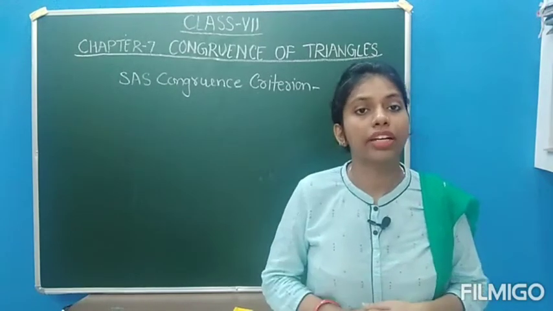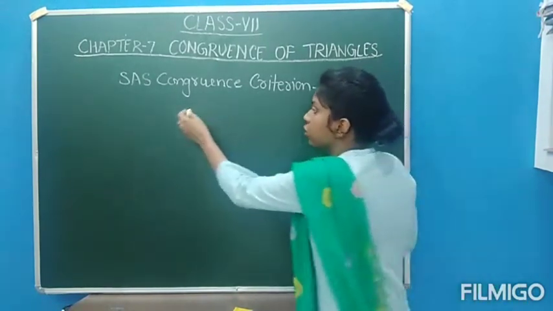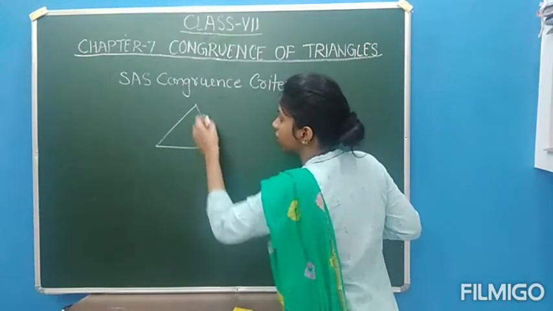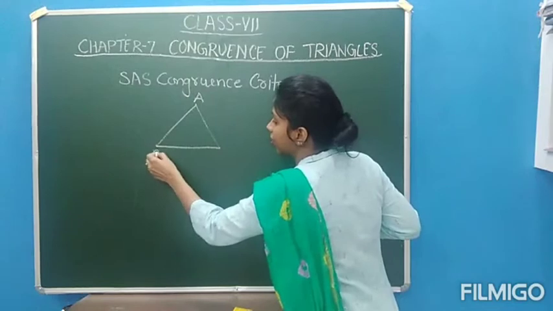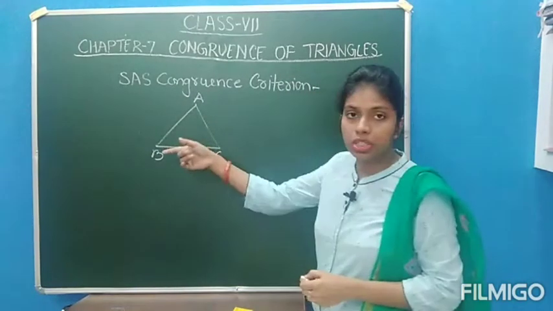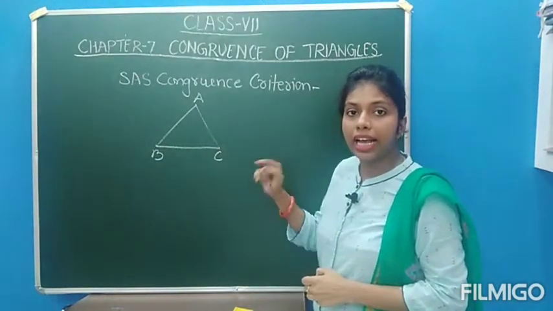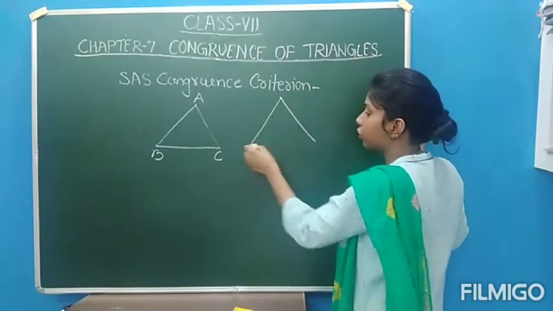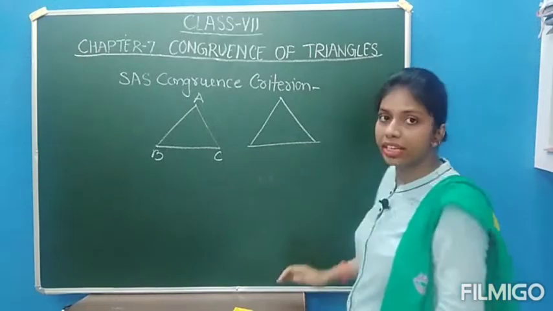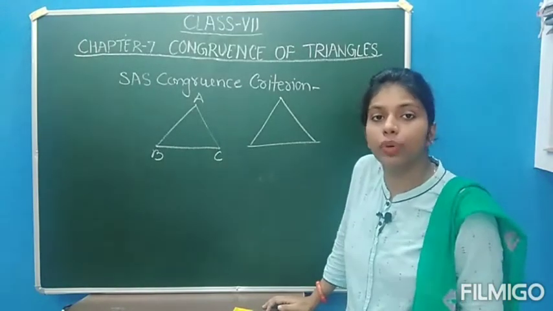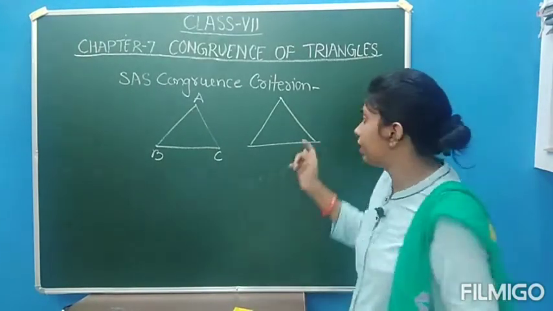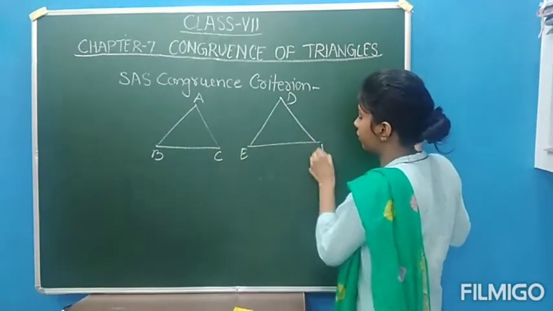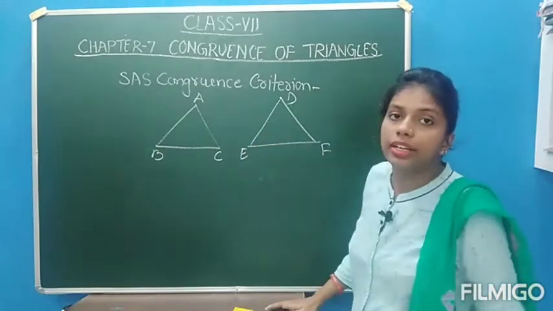If two sides of one triangle, suppose I am taking triangle ABC, and the angle included between them are equal to the two corresponding sides and angle between them of another triangle, suppose I am taking DEF. These are the two triangles.